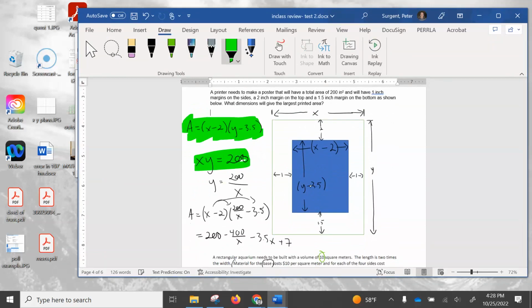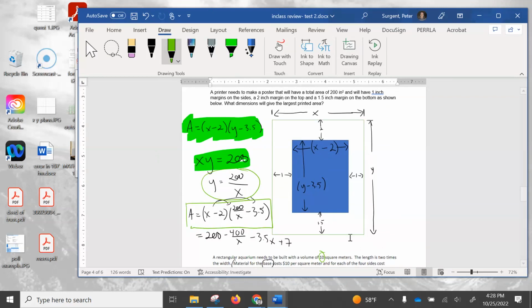All right, and then these work the same way. Solve one of your equations so you can substitute, and here's my new primary equation without a y in it. x minus 2 times 200 over x, which is what y equals, minus 3.5. FOIL: 200 minus 400 over x, minus 3.5x plus 7.